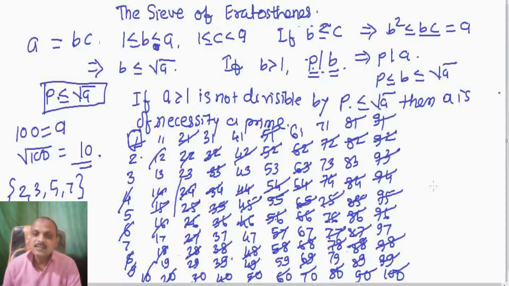Then list the numbers which are not crossed in this figure. What are the numbers which are not crossed?